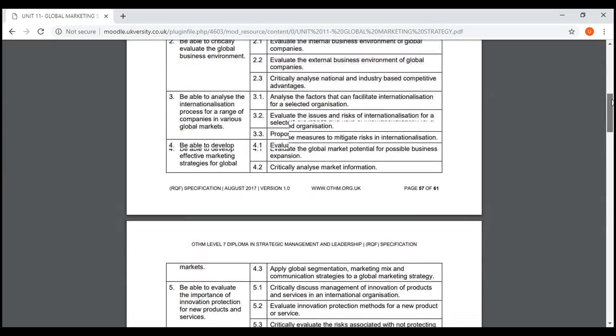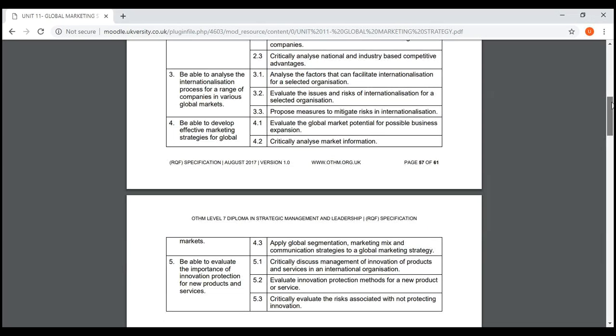Then in the last lesson, I discussed global market potential and possible business expansion, including market information and the key sources of information. I discussed market segmentation, marketing mix, and global marketing strategies, including standardization and adaptation.